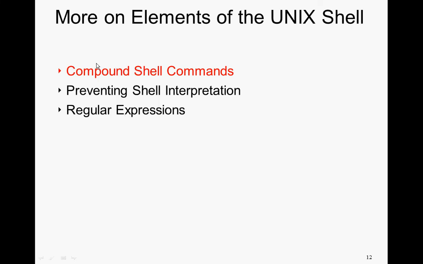Okay, so I'm going to be discussing now elements of Unix shell we haven't had time to talk about, with a particular focus on certain ways in which abstractions associated with the Unix shell can be used to create composite commands, compound shell commands, where, for example, one program's results are composed with another in a variety of ways: conditional ways, command substitution, as well as the pipes we've already seen.